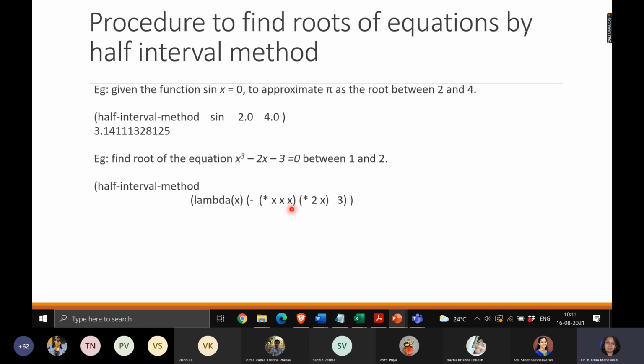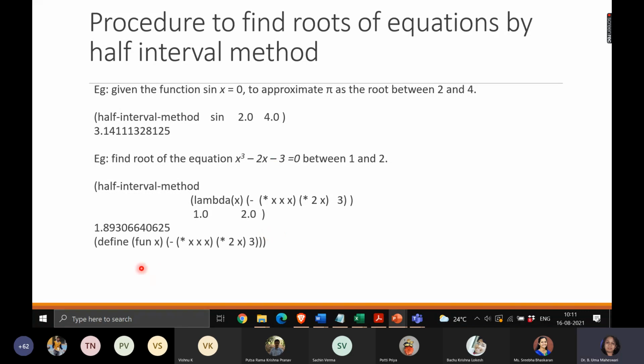Lambda of x is nothing but x cube minus 2x minus 3. Right? So this is the lambda function, and how to pass the value. So this argument, if you look at this as a function, close it, and then second argument, third argument, and then close the call. This is one of the ways you can pass a function. The lambda is useful for calling a function.